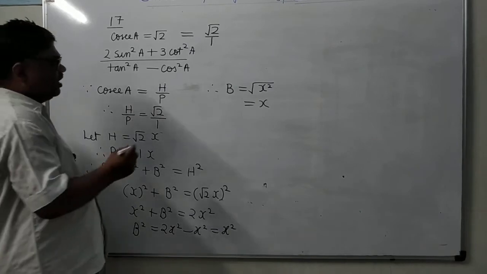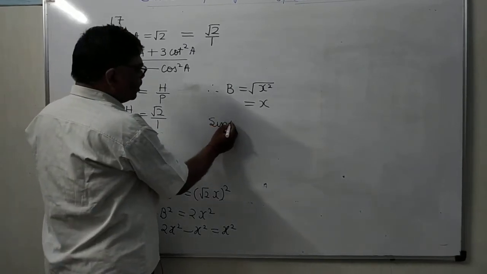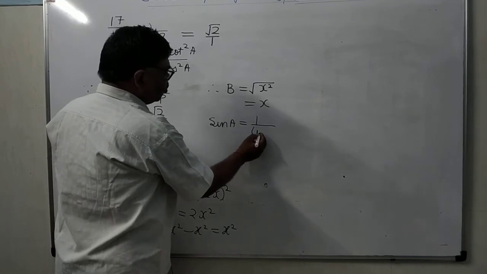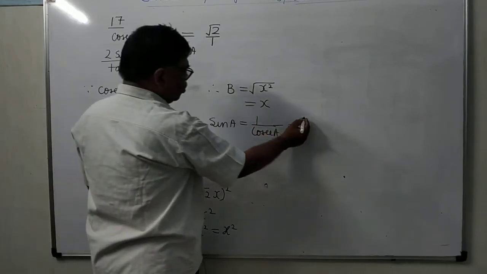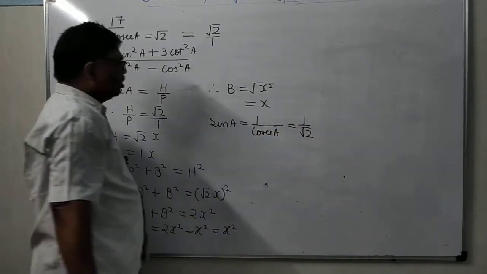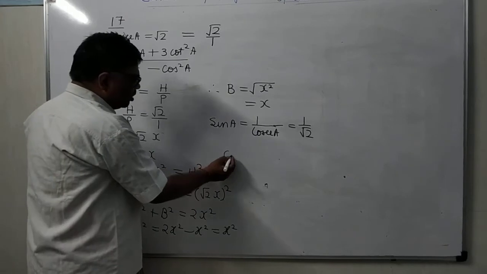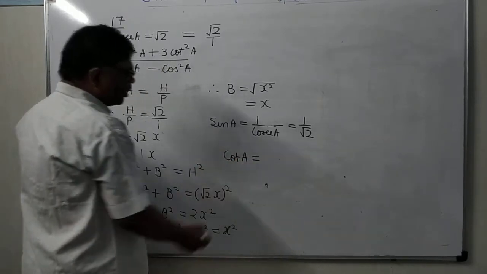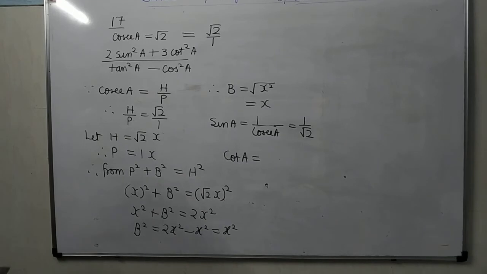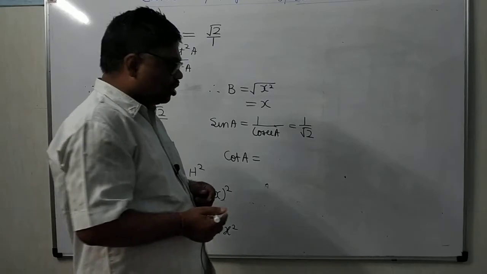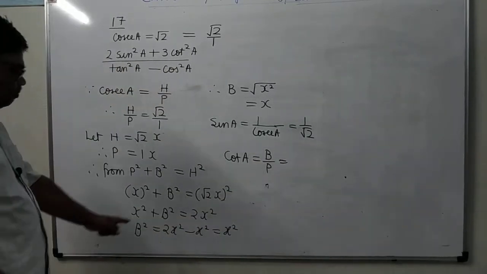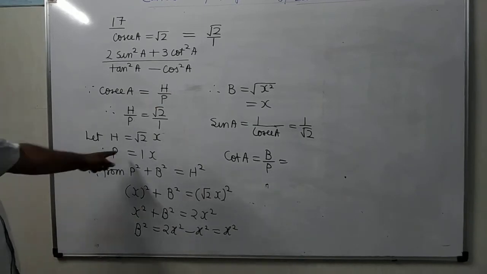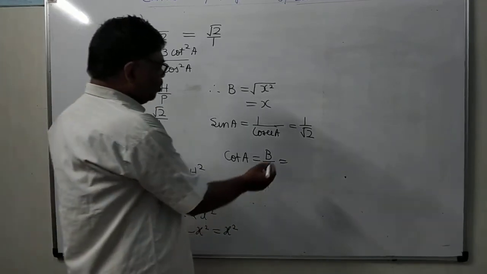Now what will be sine A? Sine A, just now I have told, will be equal to 1 upon cosec A, which means 1 upon root 2. But how will you find cot A? Cot A equals base upon perpendicular, B upon P. B is x, and P is 1x, which is also x.